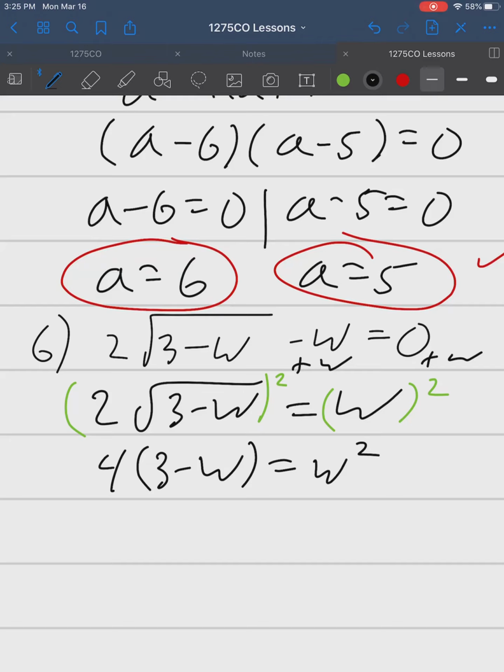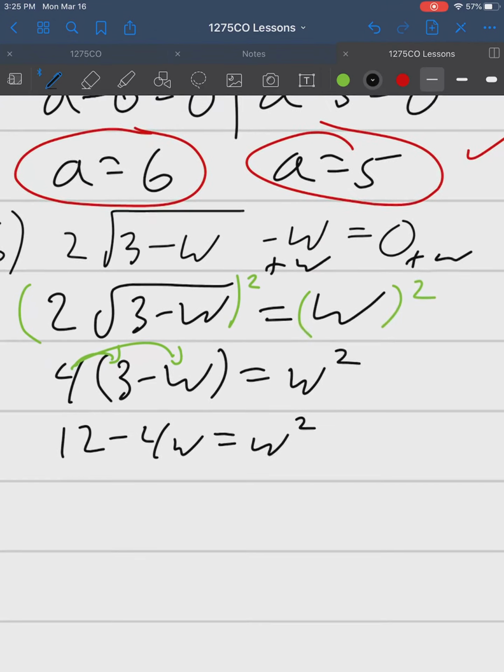So this is a way to avoid fractions. If isolating the radical by dividing is going to result in fractions, it doesn't really have to be done because this 2 is going to get squared. Right? So now we're going to distribute and get 12 minus 4w is equal to w squared.